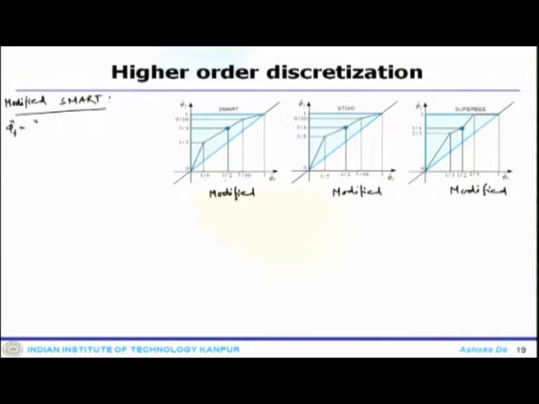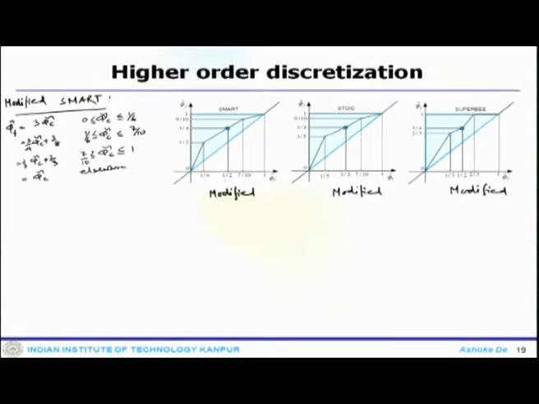It is 3 phi c when phi c tilde is between 0 and 1/6, it is 3/4 phi c plus 3/8 when phi c tilde lies between 1/6 and 7/10, and then 1/3 phi c plus 2/3 when it lies between 7/10 and 1, and finally phi c elsewhere.